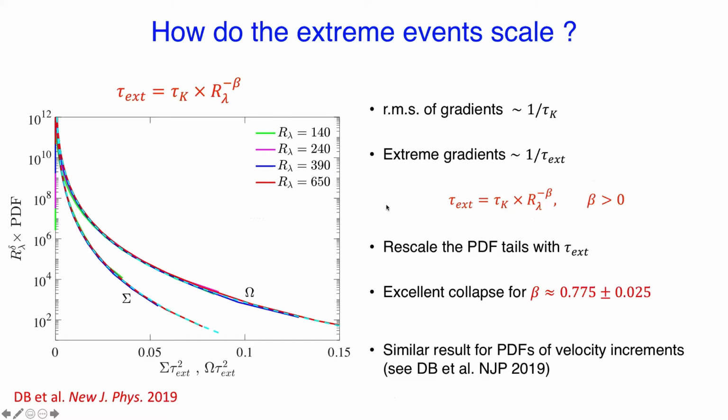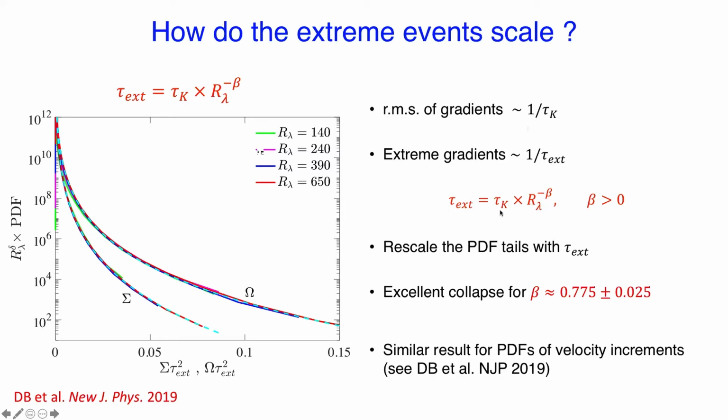So the first simple question that we can answer is, how do the extreme gradients scale? And we saw in the earlier plot that the RMS of the gradient scales with 1 over Kolmogorov time scale. So let us take that the extreme gradients scale as 1 over tau_x, where this tau_x is a time scale defined as the Kolmogorov time scale times Reynolds number to the power minus beta.